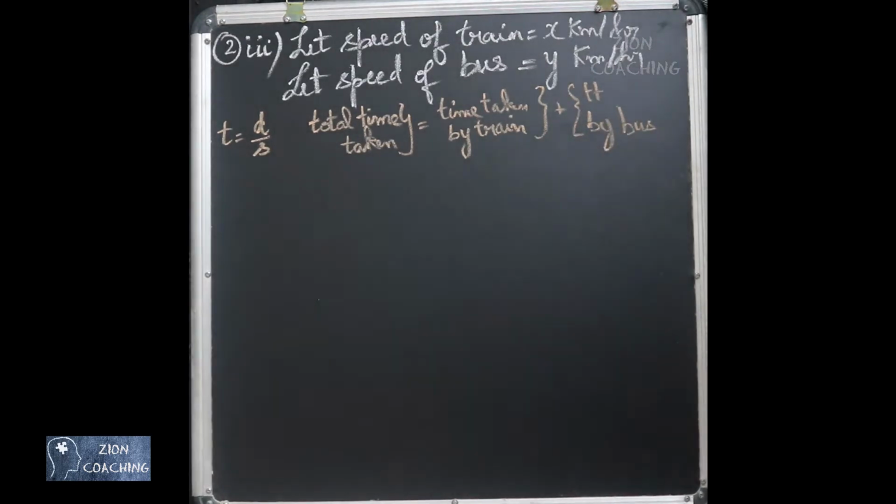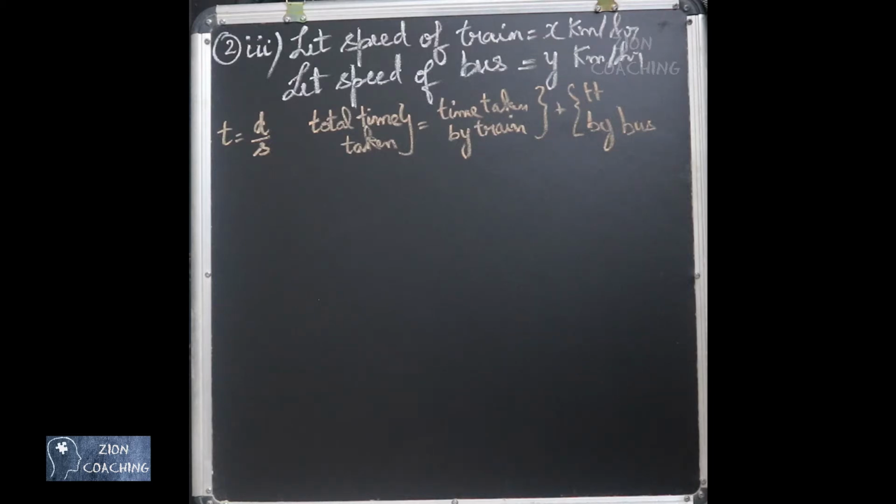Now you know that the time taken is equal to distance by speed. We have assumed speed of the train as x km per hour and speed of the bus to be y km per hour. So they have given two situations. We will do one by one.